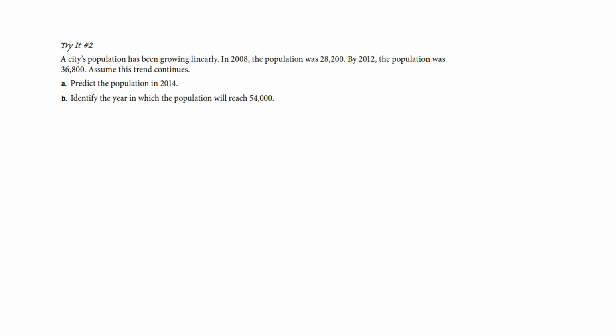Okay, this is a little out of order. This is more like the one that we just saw. So I have 2 points. Now the second point is 4. So 2008 is the initial. So I'm calling that year 0. 2012 is 4 years later.